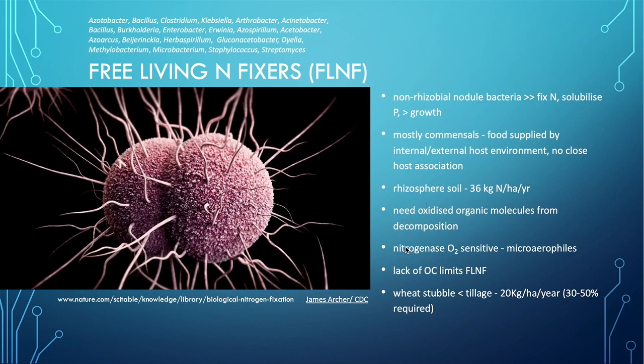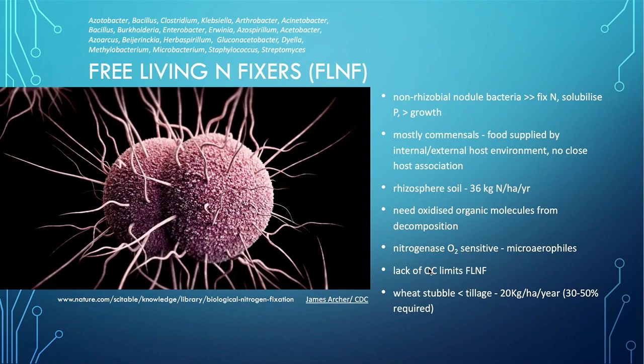They also have the nitrogenase enzyme, which is sensitive to oxygen, and these organisms are called microaerophiles, so they only want reduced oxygen conditions. And these bacteria actually rely on aggregates to have this reduced oxygen condition. So they rely on places around the root where oxygen conditions are reduced, and that usually happens in microaggregates.